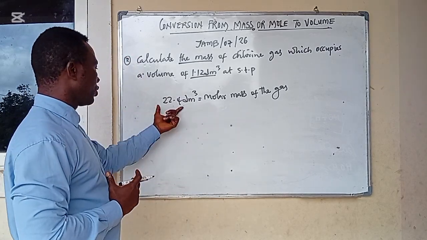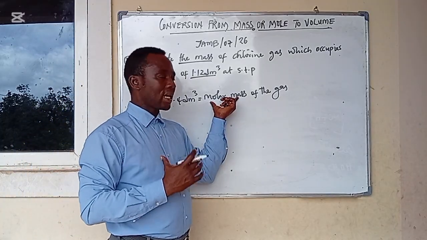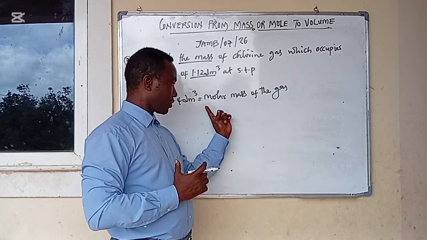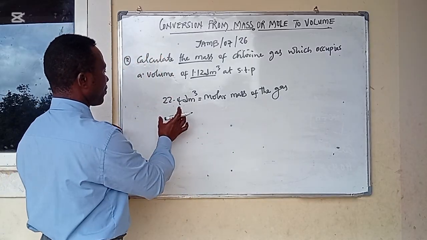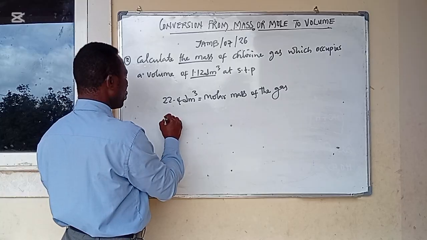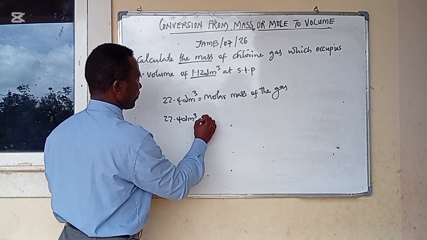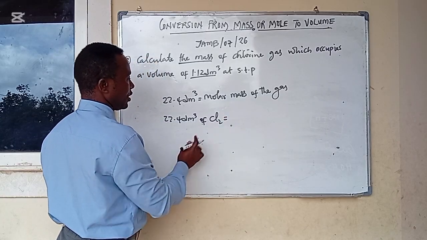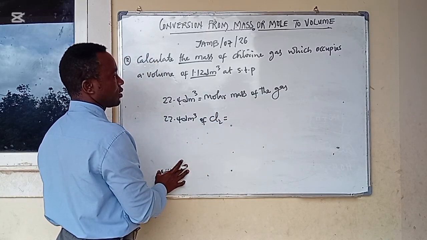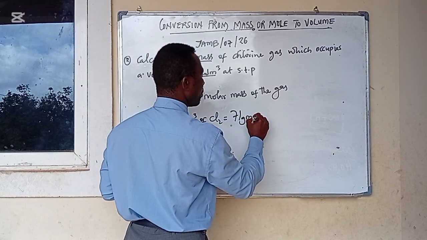So remember, 22.4 dm cube of any gas will represent 1 mole of the gas, and 1 mole of any gas can be taken to be the molar mass of the gas. So if 22.4 dm cube of chlorine gas is the molar mass of chlorine gas, the molar mass of chlorine gas is 71 gram per mole.